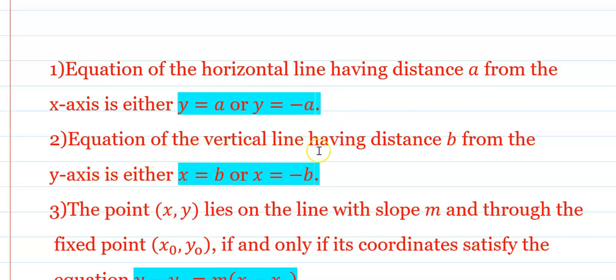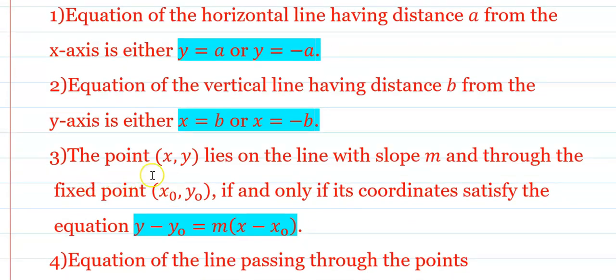Equation of the vertical line having distance b from the y-axis is either x equals b or x equals minus b.